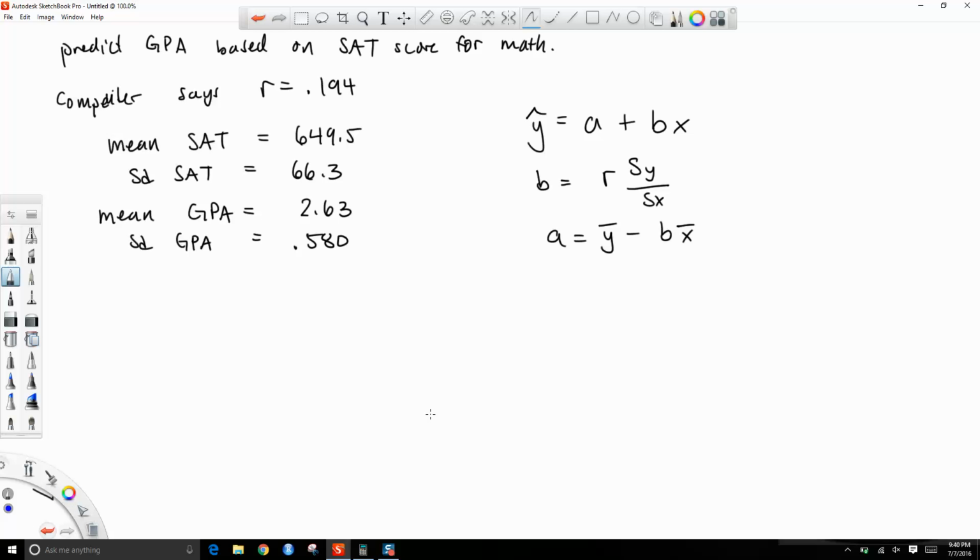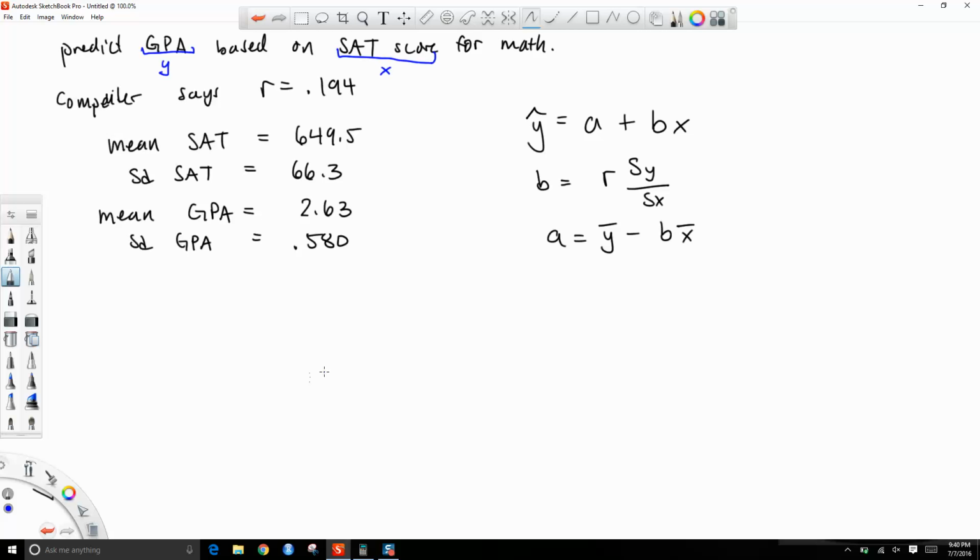What is our y variable and what's our x variable? The y will be GPA, because this is what we're predicting. And what are we using to make that prediction? SAT score. So SAT score for math will be our x.